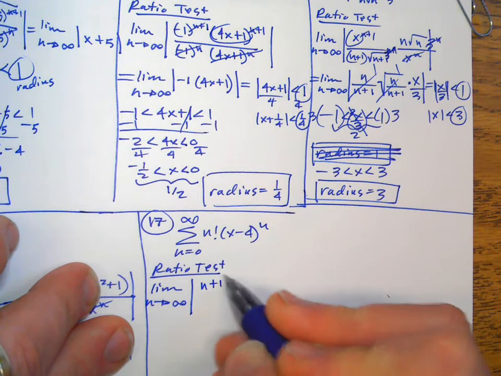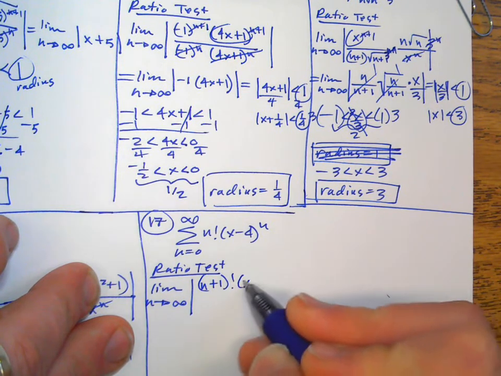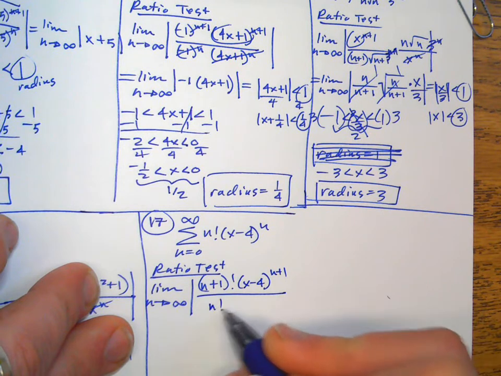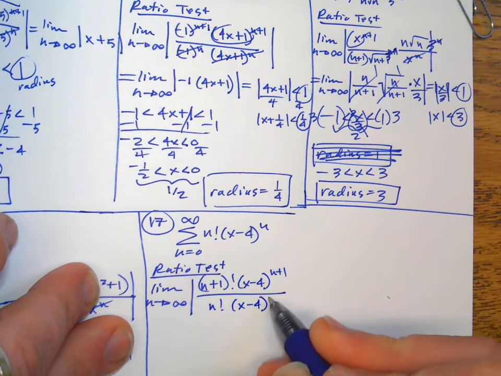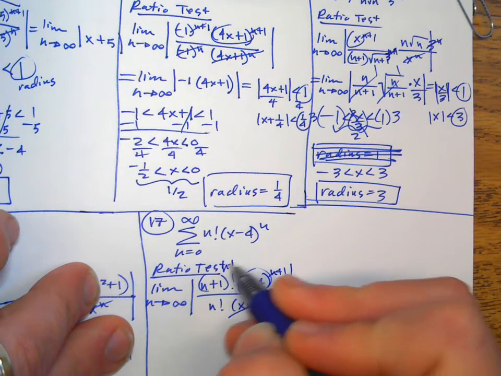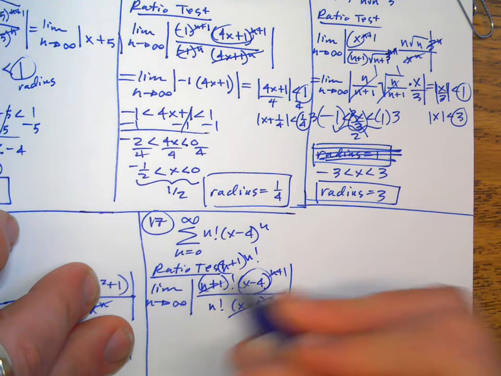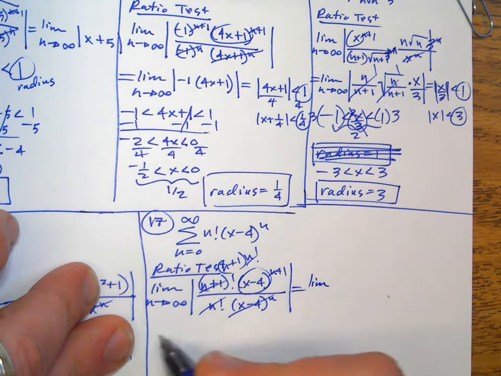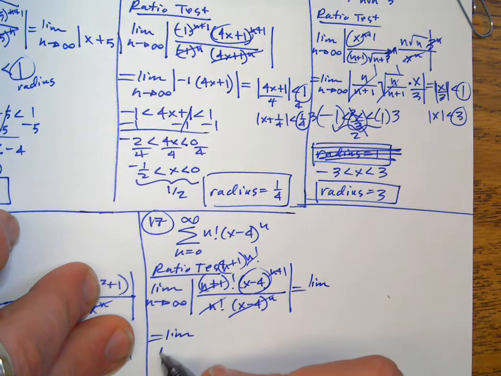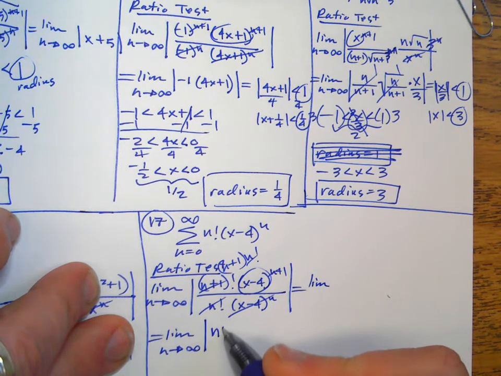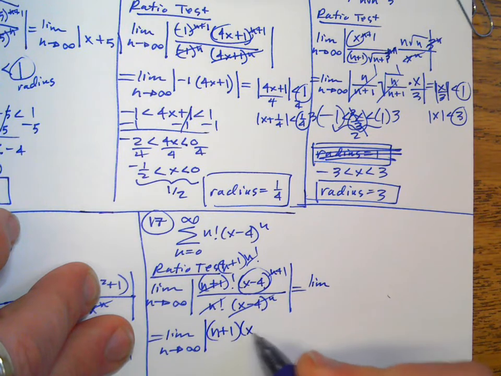N plus 1 factorial, x minus 4 to the n plus 1 over n factorial, x minus 4 to the n. That's going to reduce to that. This is n plus 1 times n factorial. So what we get is the limit as n goes to infinity of the absolute value of n plus 1 times x minus 4.